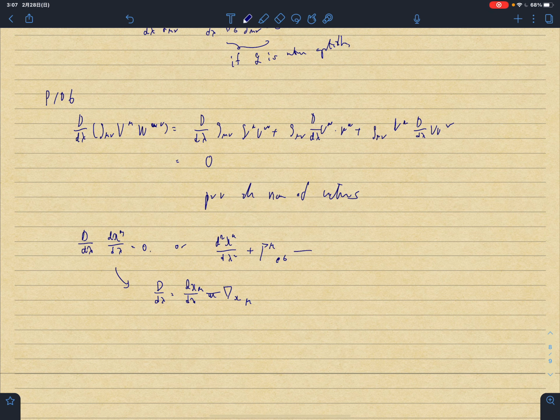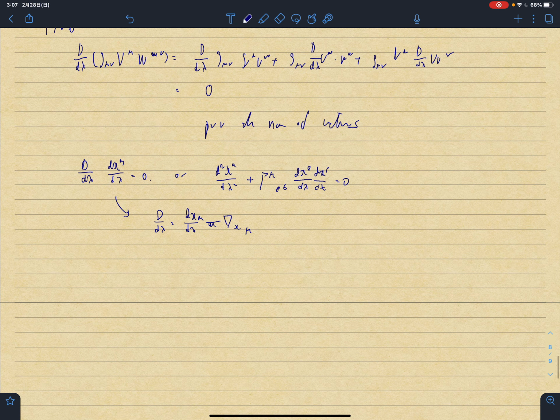Equivalently, we write d squared x mu d lambda squared plus Gamma mu rho sigma dx rho d lambda dx sigma d lambda equals 0. So this is the geodesic equation.